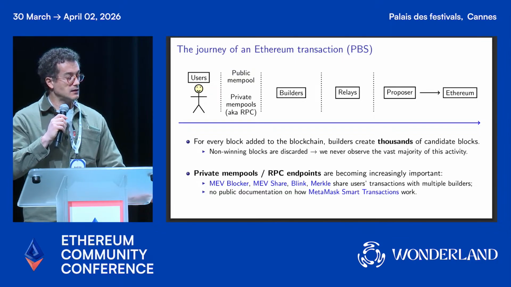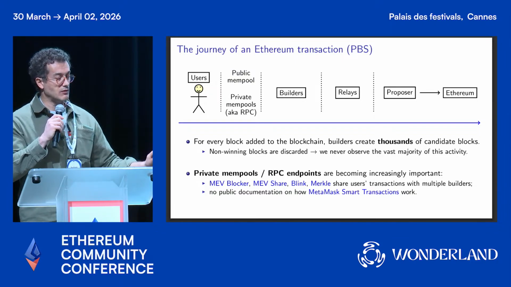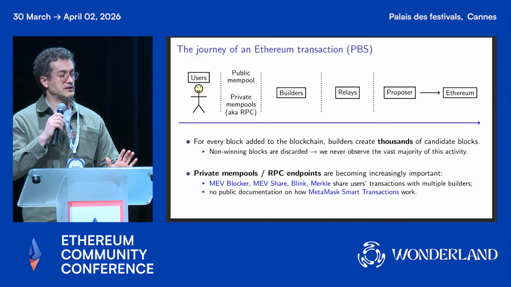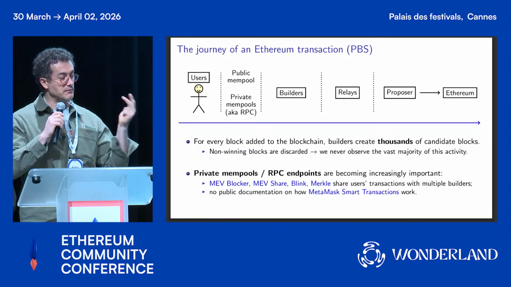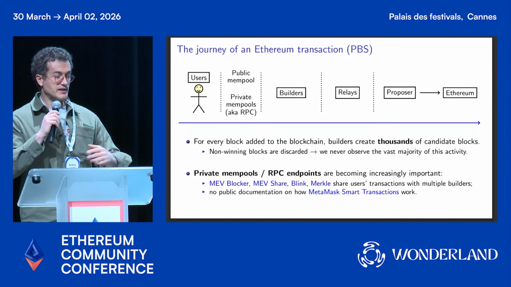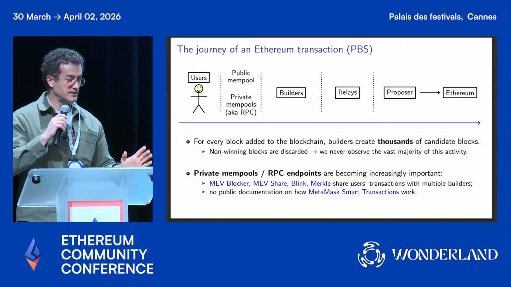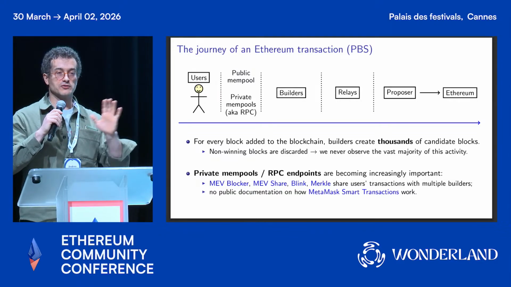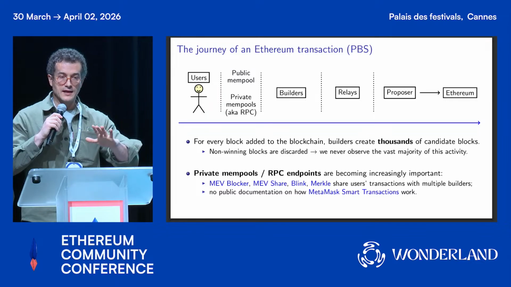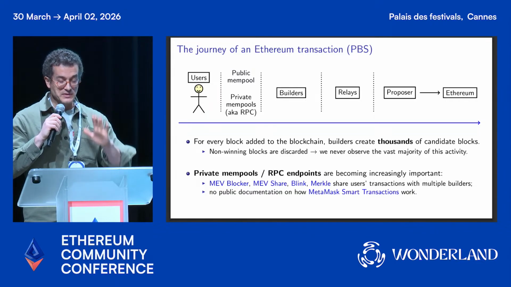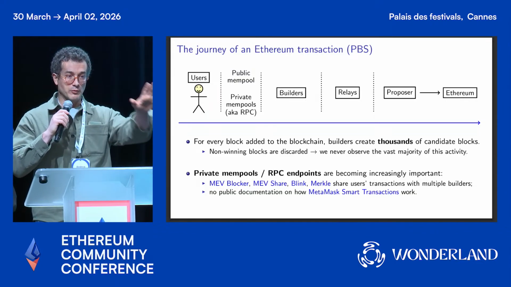And at least when we did our study, there were 5 private RPC endpoints: MEV Blocker, MEV Share, Blink, and Merkle, that have some documentation with various degrees of completeness, but at least they explain on their website that they submit transactions to multiple builders.